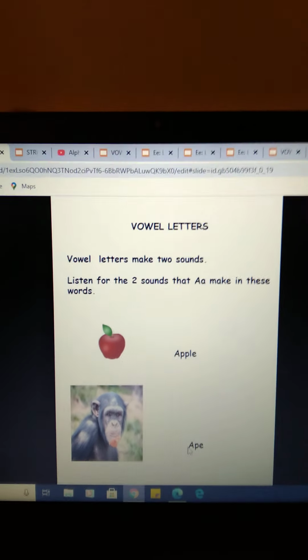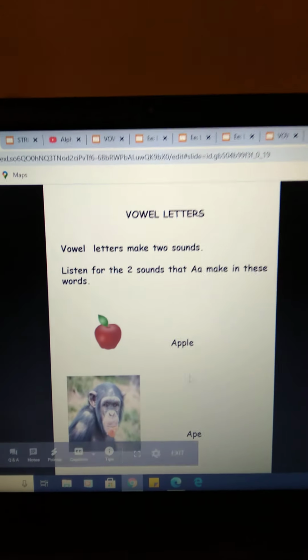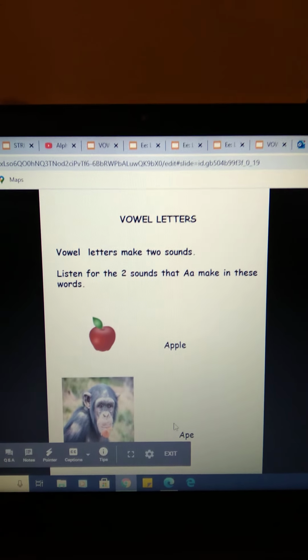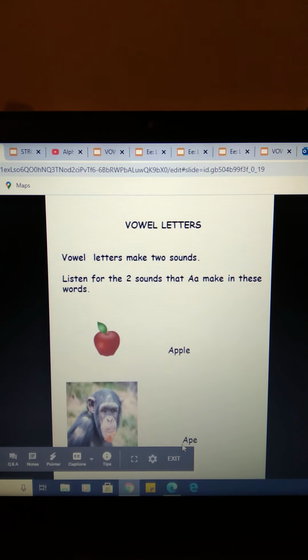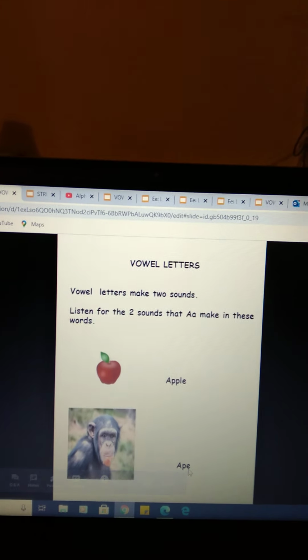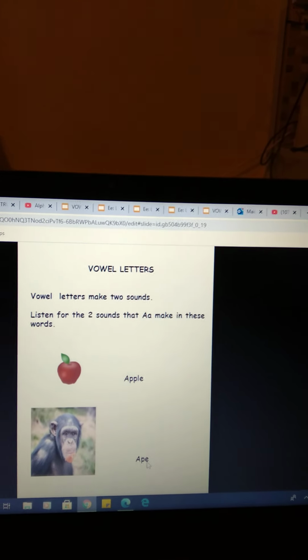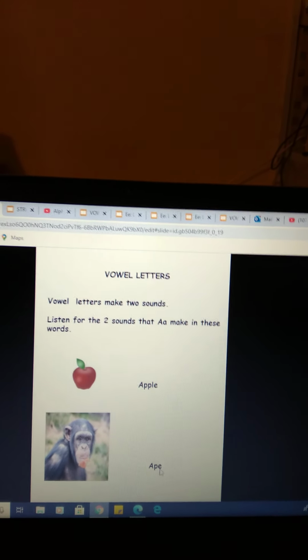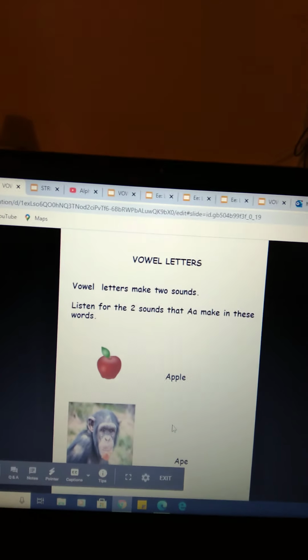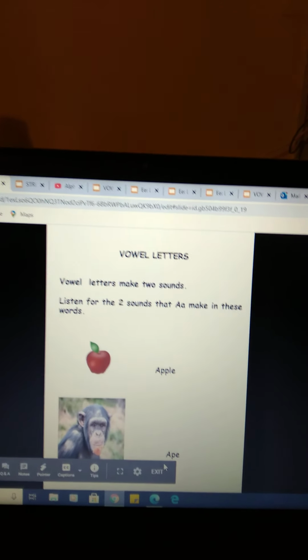Yes, you're correct. The A said its name. Up here, the A said ah in apple, and down here that same A said A in the word ape. So that means A can make two different sounds.